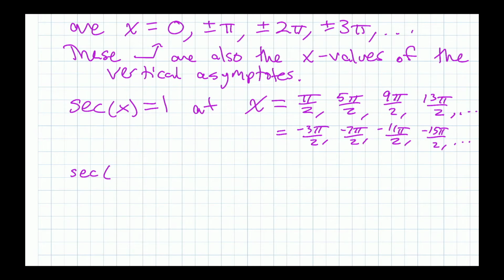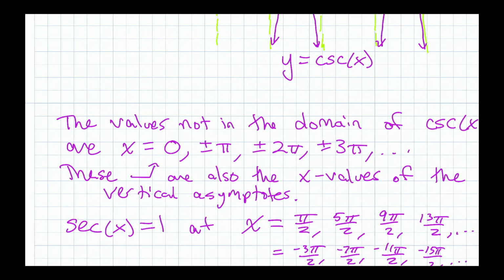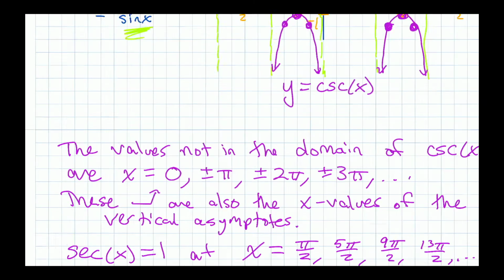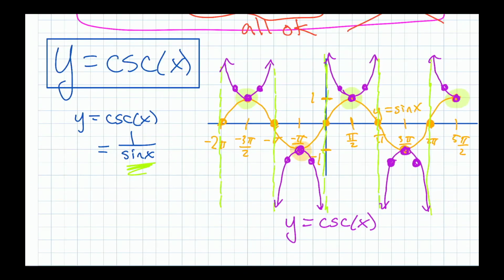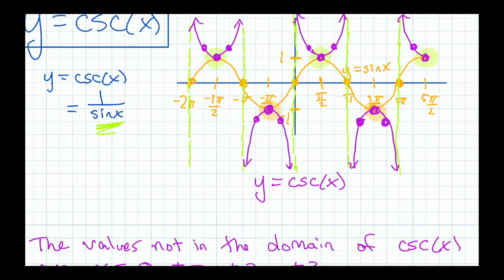Now, where does the cosecant equal -1? We can write those. It's -1 at a different set of values, obviously. So it's -1 here, and those are the only 2 that we drew. The first positive one is 3 pi over 2.